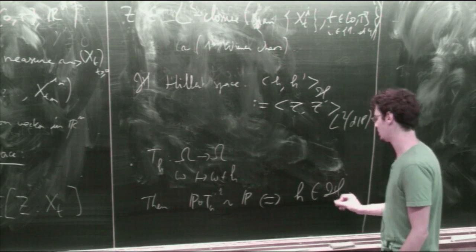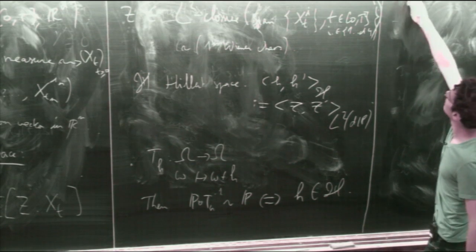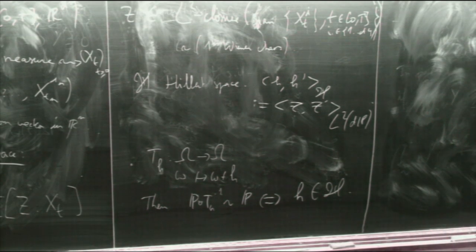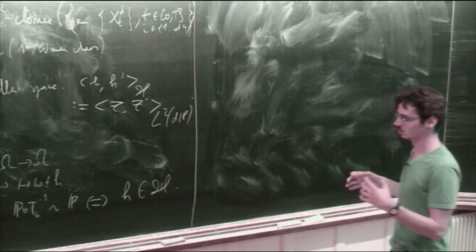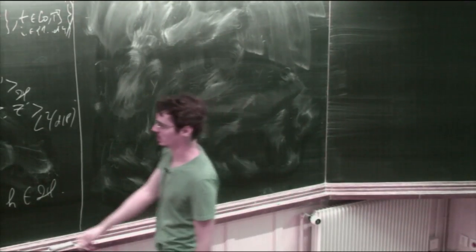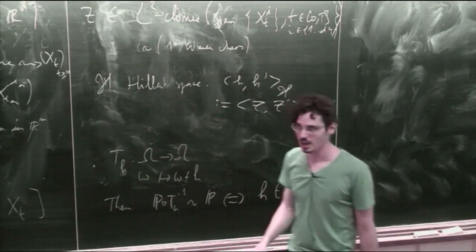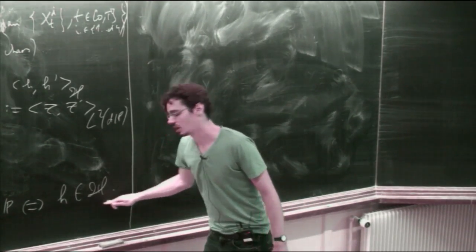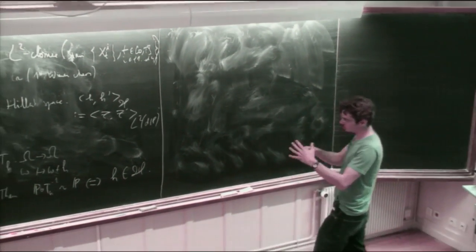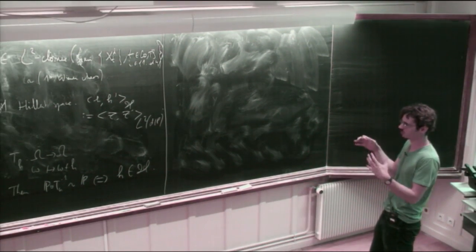And for instance, what you can see is, typically, if you look at any neighborhood of the constant path, it will have positive measure for your Gaussian measure P here. And this directly means that for any element of the Cameron-Martin space, any neighborhood of this path is also going to have positive measure.